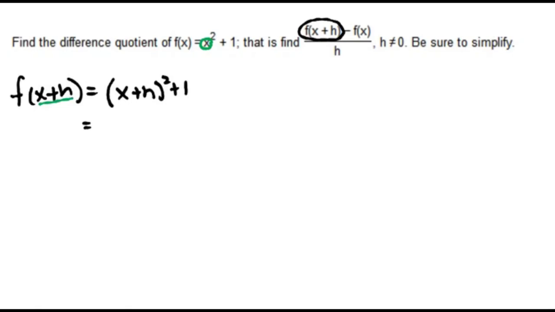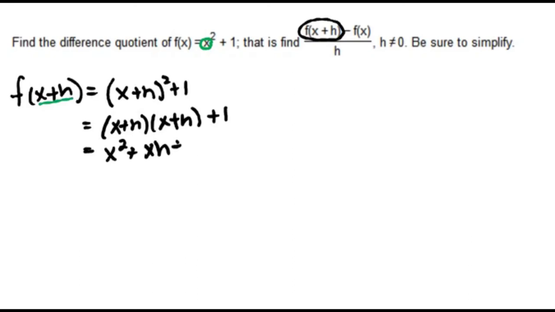So squaring means to multiply the base twice. So we'll multiply x plus h times x plus h. Carry down that plus 1. We'll multiply this out. X times x is x squared. X times h is xh. H times x is also xh.